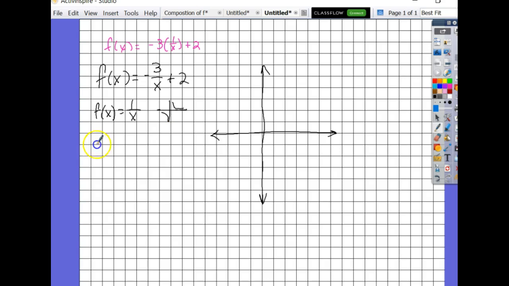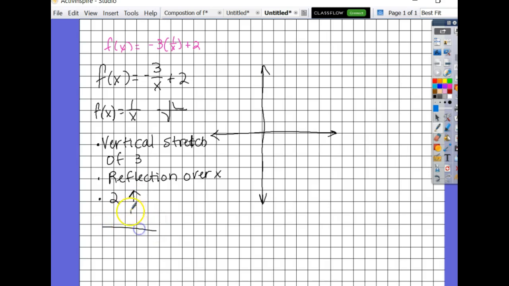And what is the negative? So I have a vertical stretch of 3, a reflection over the x, and then 2 up.